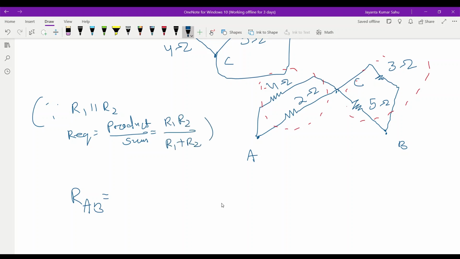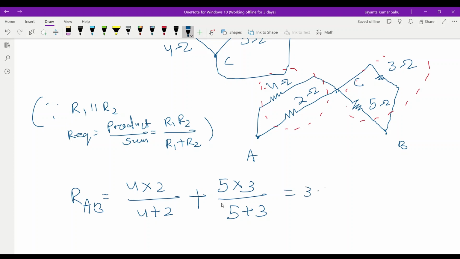Here RAB is equal to 4 and 2 in parallel, 4 into 2 divided by 4 plus 2, and in series, plus 5 and 3 in parallel, 5 into 3 divided by 5 plus 3. The value is equal to 3.2. This is my answer. In this way we will solve the numericals.